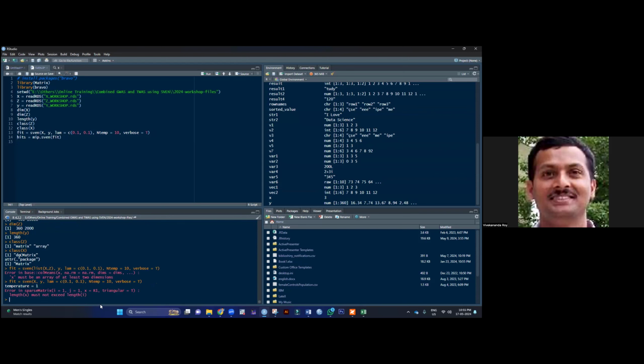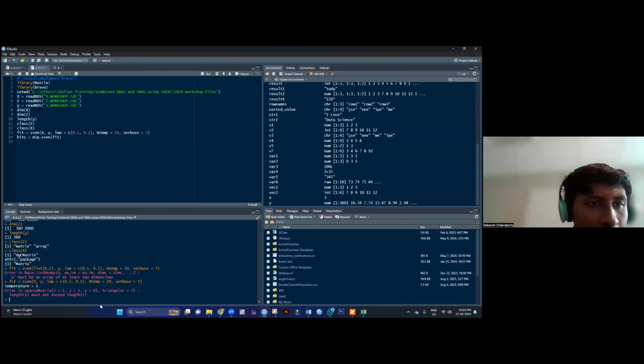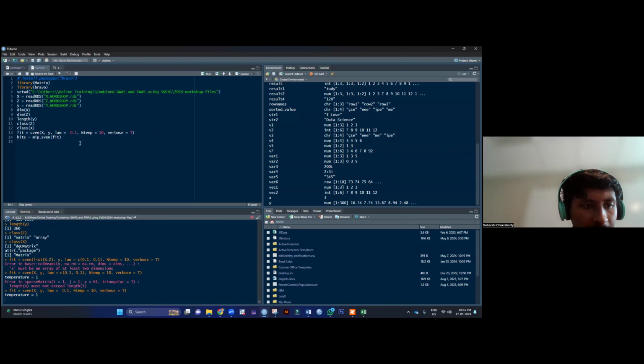Okay, one minute. For the lambda, you have to specify just 0.1. Oh, yeah, sure, because there's two. I didn't put the matrix then. Yeah, now it's working, it's running.